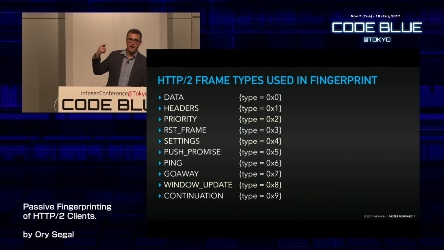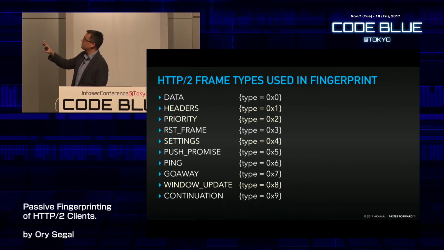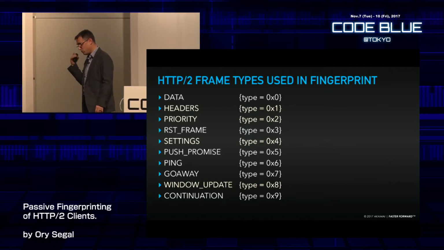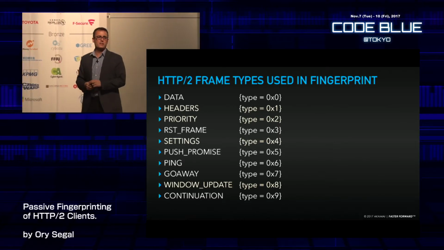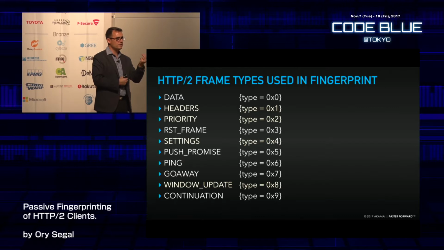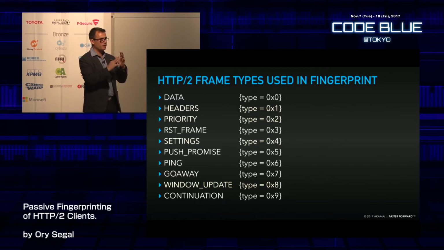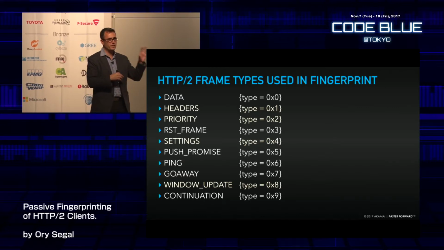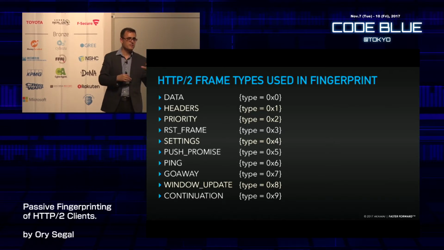So let's take a step back and get back to the types of the different frames. Now, when we came to research passive fingerprinting of HTTP, we knew that we needed to find things that are consistent per client type, because I need something that will be consistent everywhere that client goes to.